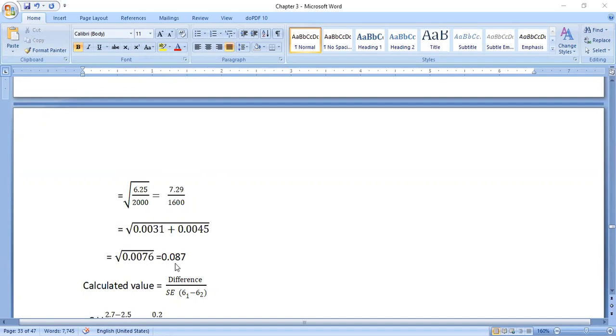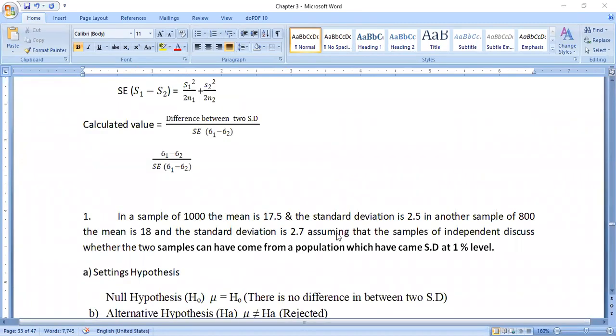Then the calculated value is equal to the difference divided by the standard error. We are focusing only on the standard deviation. In the given question, just focus on the values: one standard deviation is 2.5, and the other is 2.7. So the calculated value is the difference of the two standard deviations divided by the standard error.